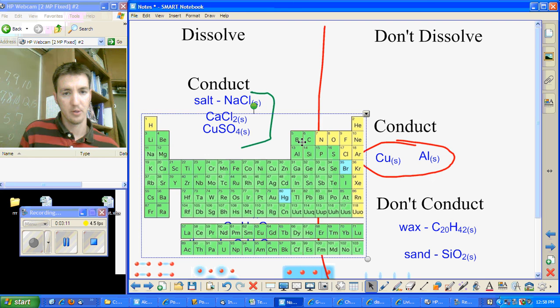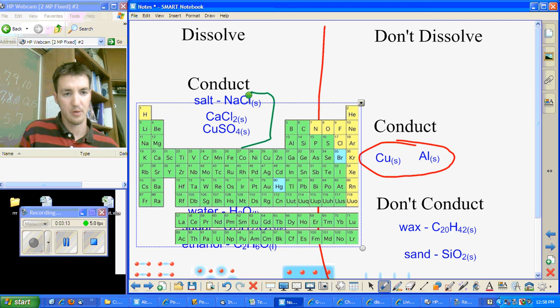If you look at salt, sodium chloride, you have sodium and chlorine. You have calcium and chlorine. You have copper and sulfate, that's the S and the O. So if you're paying attention to where the metals and the non-metals live, all of these have a metal and a non-metal, or an ion.